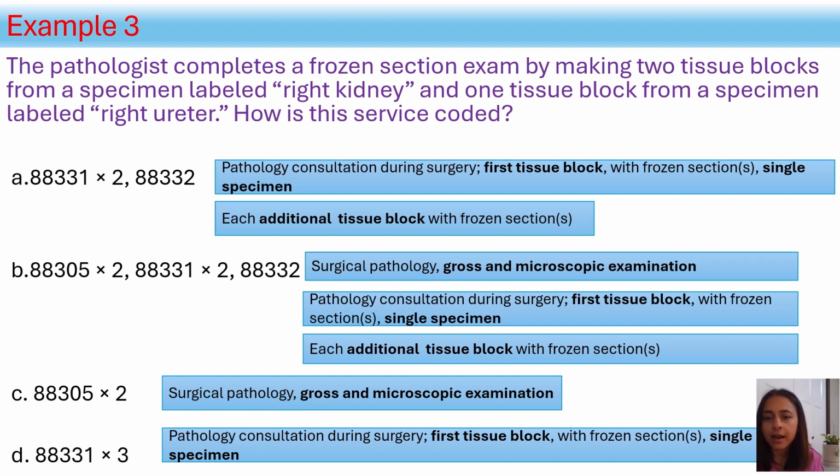Option D has first tissue block, single specimen, which matches, but it doesn't mention the next tissue block. So our answer should be option A, because it talks about the first tissue block single specimen, that is times 2, and then the additional tissue block, that is the third one, which is for the right ureter. So option A is the answer.